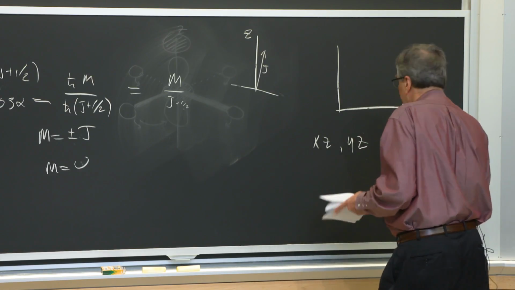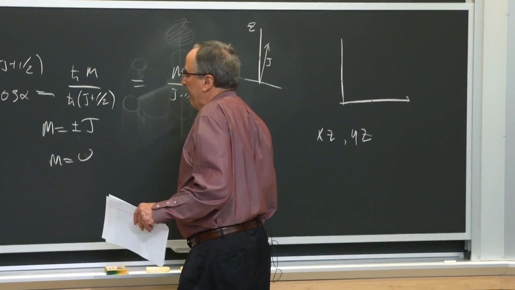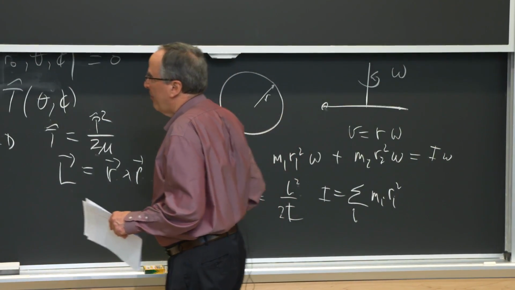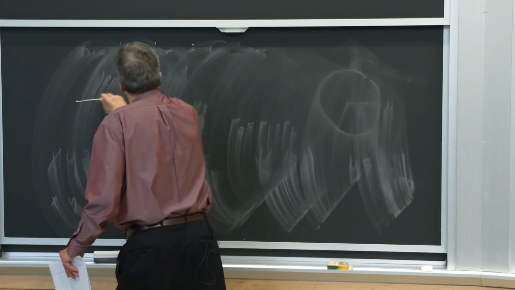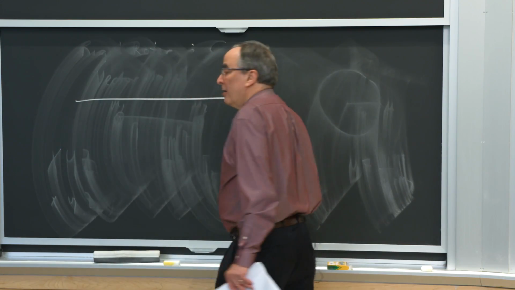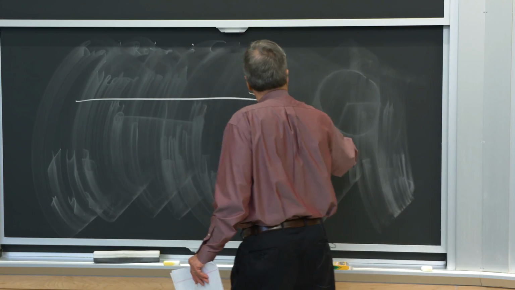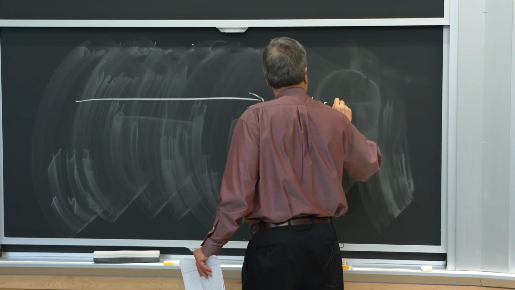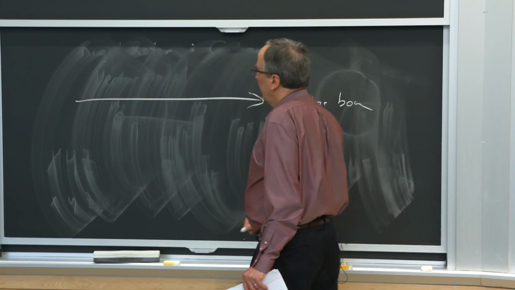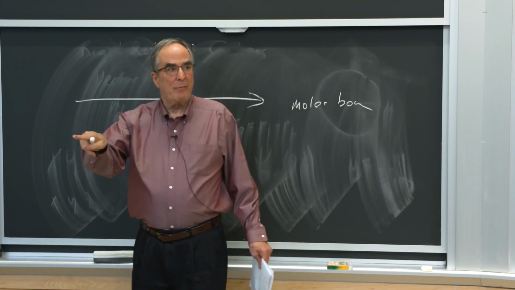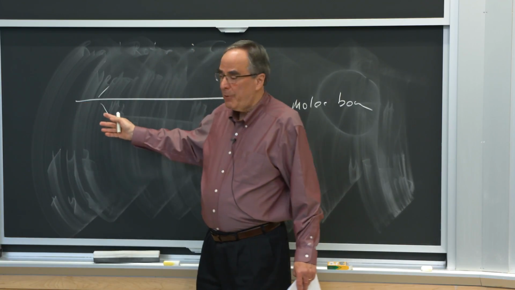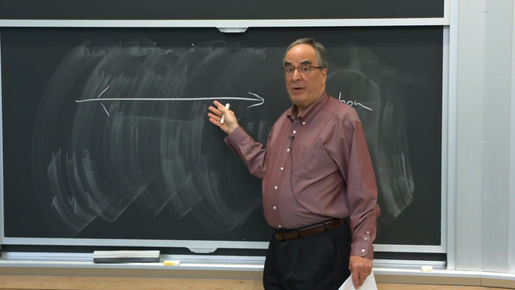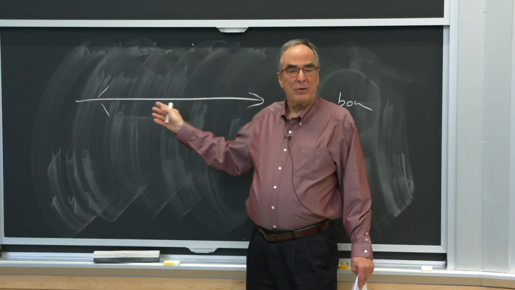Now, I want a blank board. Okay, suppose you have a laboratory in which you can make a molecular beam. And that's easy enough to do. You squirt molecules out of a pinhole, and you have some kind of aperture, and so you have a directed flow of molecules in one direction.